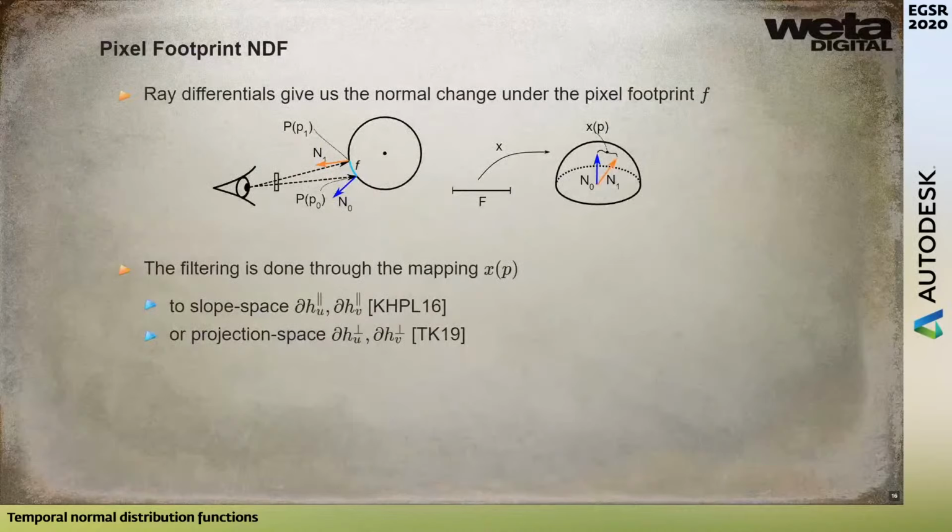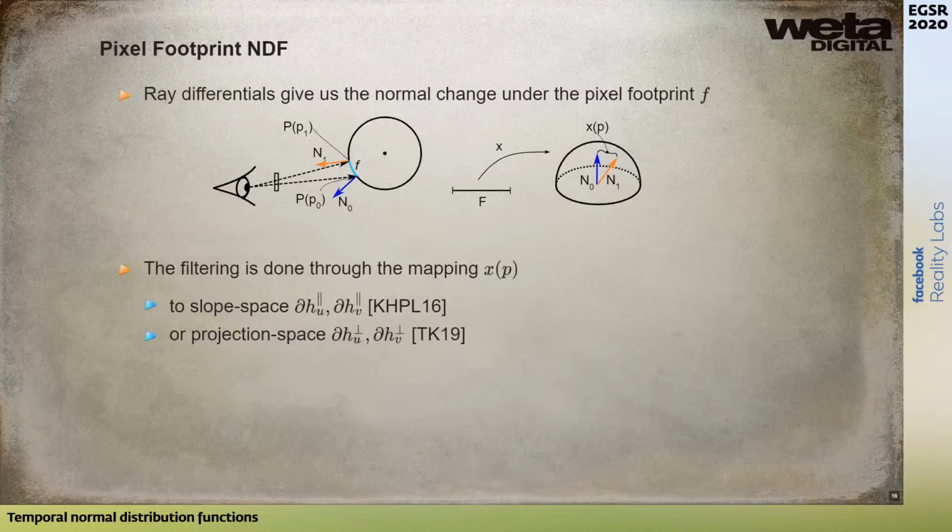Through ray differentials, we can obtain the normals at position P0 and P1 of the pixel footprint F. This gives us the derivative of normal change that we want to map in slope space to filter our distribution. Another option is to project the derivative in the tangent space given by the mapping, in order to avoid artifacts at grazing angles. This is due to the fact that the first-order approximation error is potentially unbounded in slope space.